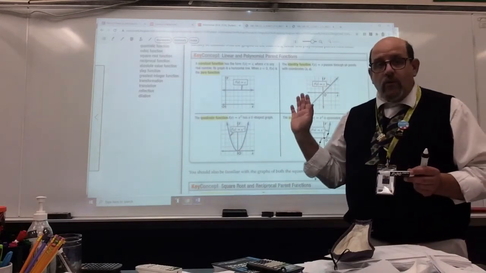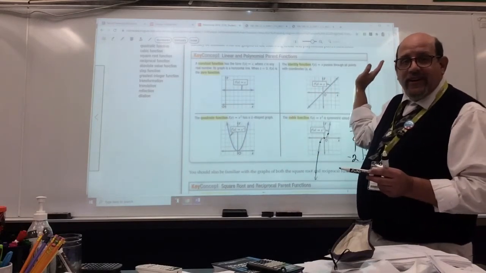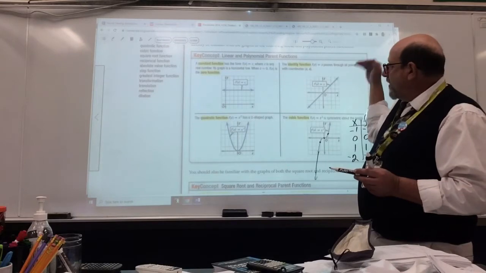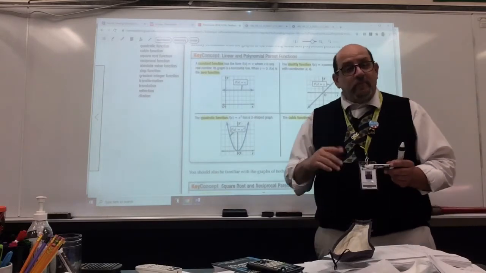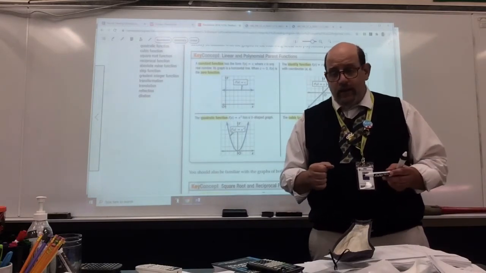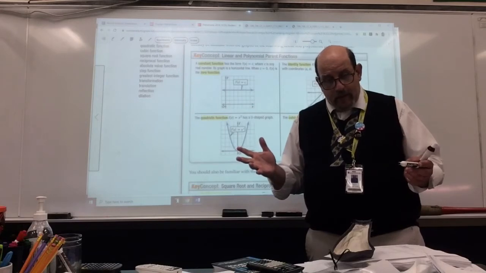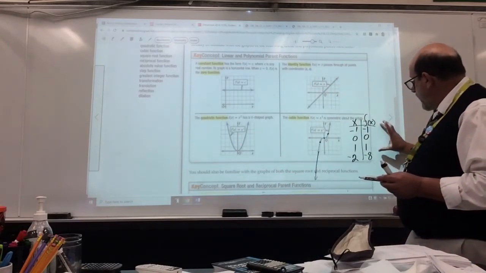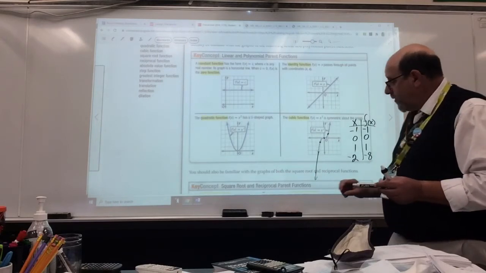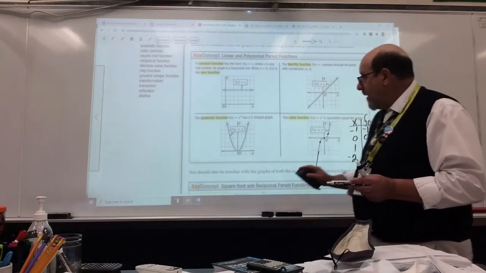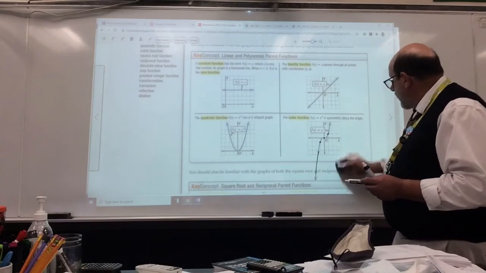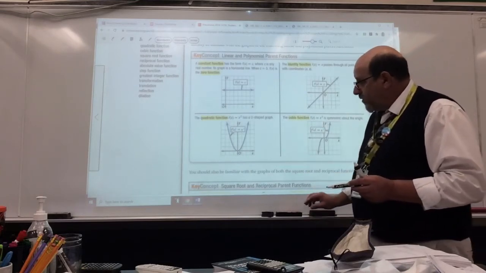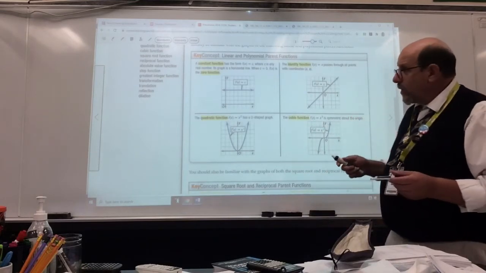But that's the idea. So those are those functions. Get used to putting a little table next to it so you can understand and recreate those functions. And then I'm going to show you 2 more, and then we're going to move on.